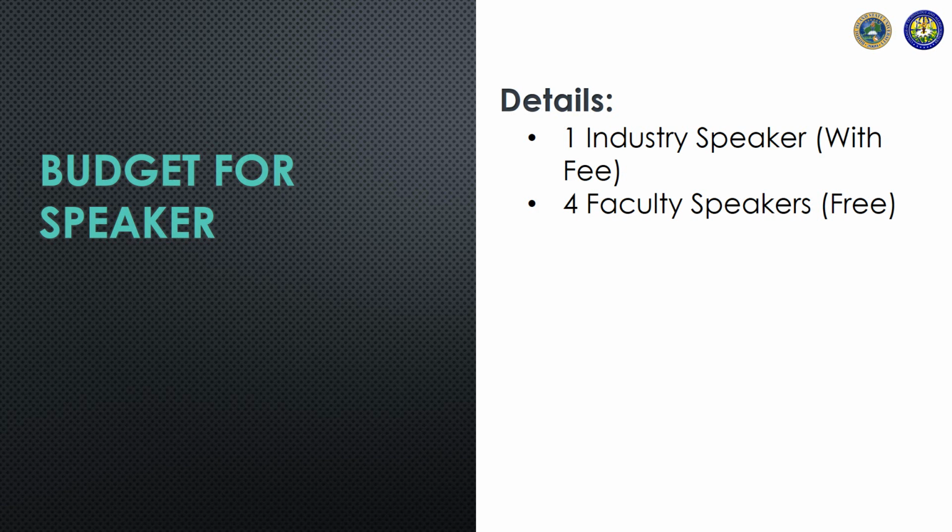So don't worry, because the amount for the speaker will be divided by the number of students. So probably the payment will be divided among 59 students. I think 59, you are all 59 students enrolled in this OGT.